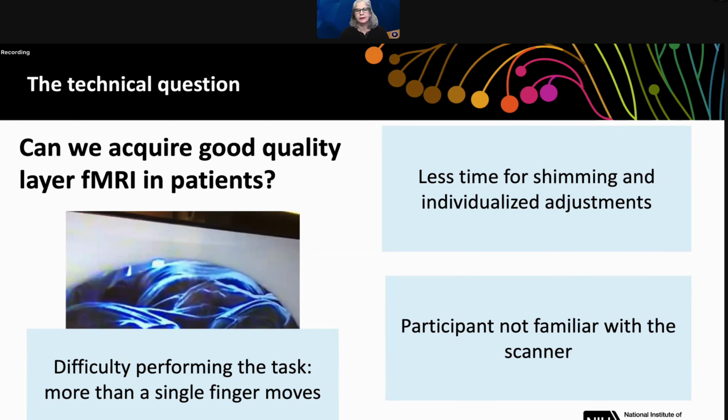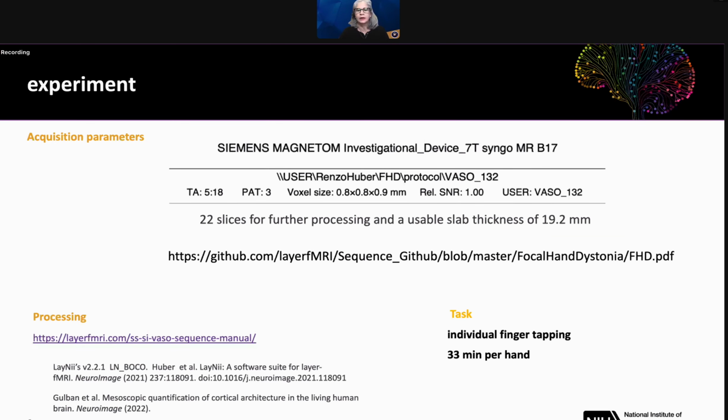So when we approach this study, we have a setup that is similar to what had been used for layer fMRI in healthy volunteers. But now the big difference is that instead of using many hours of data to get a good resolution of the layer and columnar information in the motor areas of the brain, we have about 30 minutes.